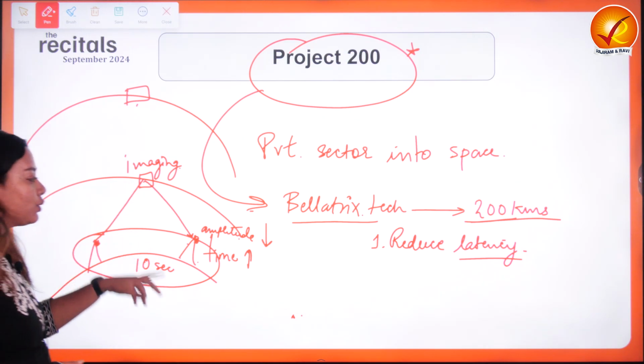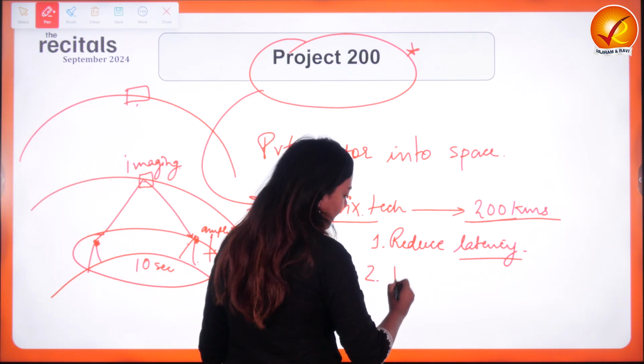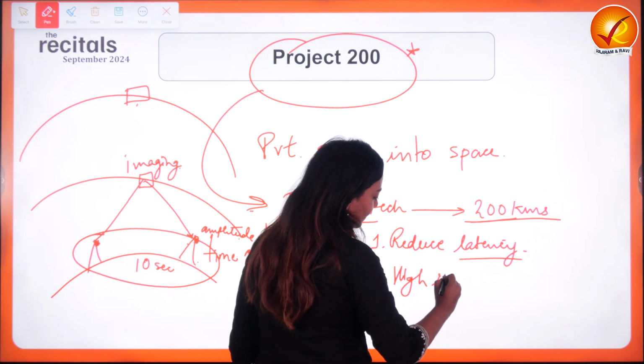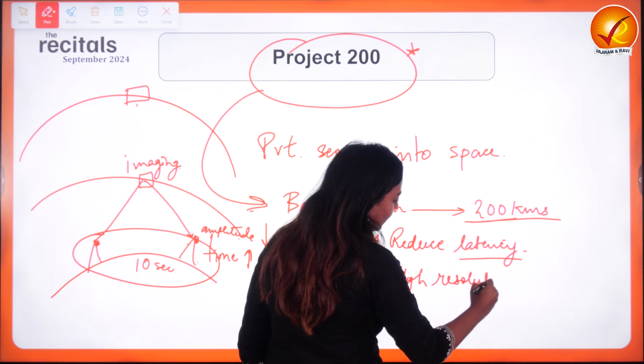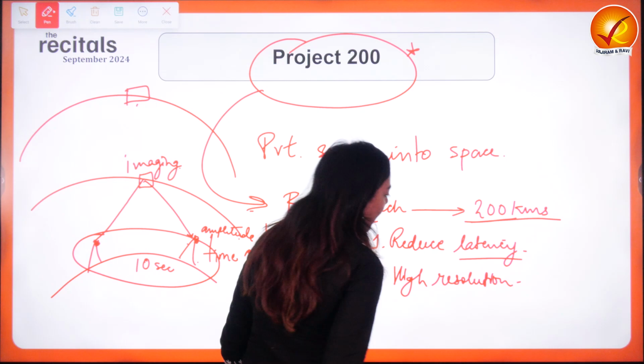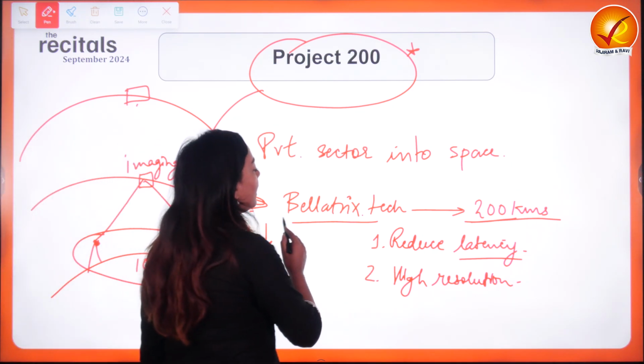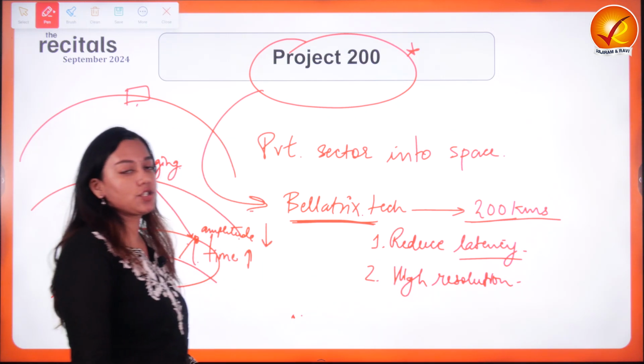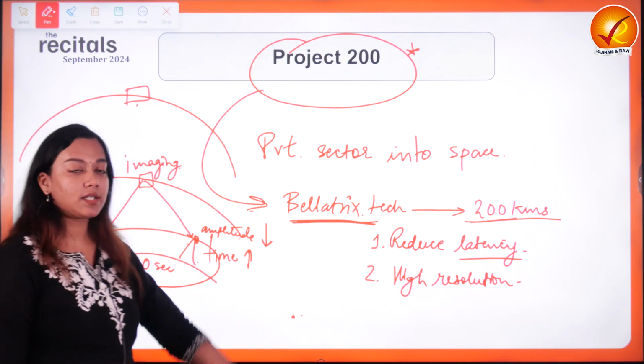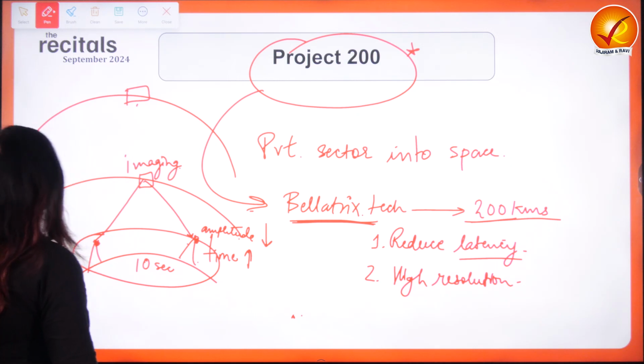So it will reduce the latency and give me high resolution images. It will also be useful in imaging, and this is important to quote in mains because Project 200 is by a private sector organization of India, Bellatrix Technology, space-based.